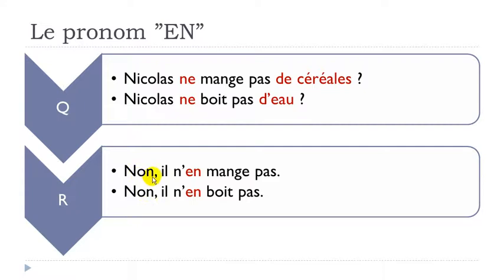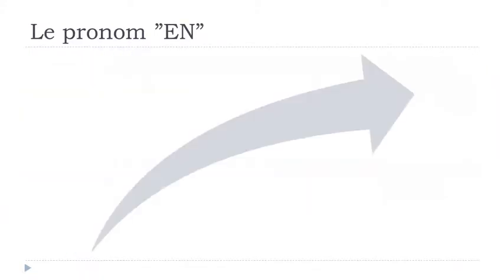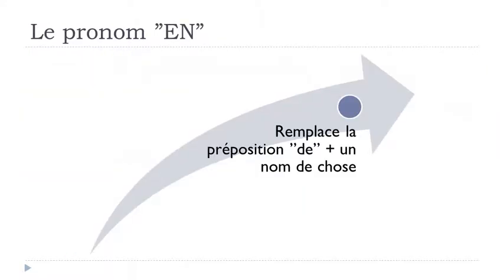All right? Il n'en mange pas, il n'en boit pas. All right? And then le pronom en, well, it can replace the preposition de plus a noun, and especially a noun for a thing. Okay, so let's see now.